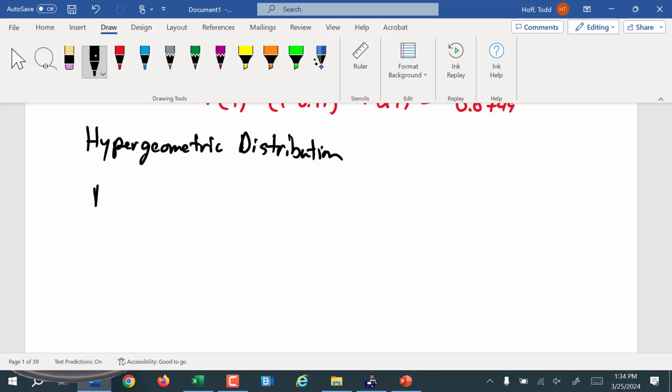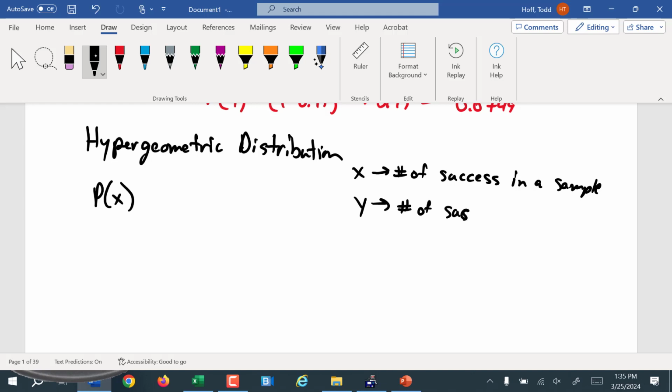It's going to be the probability of X in Y of having X successes in a sample. So X is the number of successes in a sample. Y is the number of successes in the population. So obviously this is looking at a finite population, a limited population, countable population.